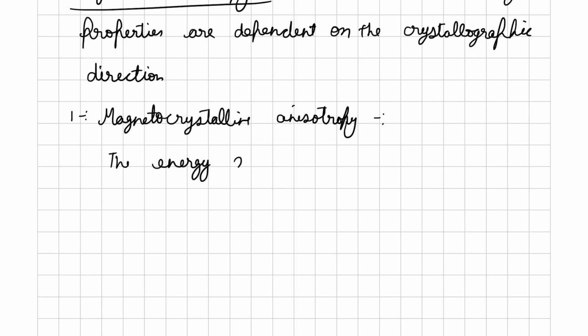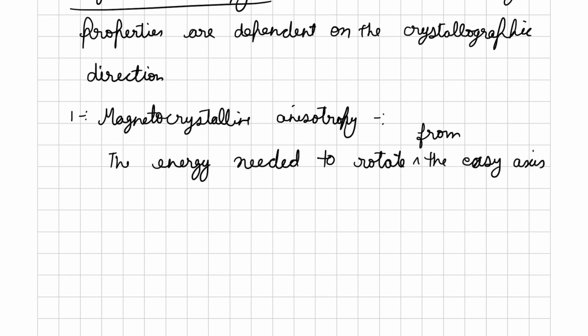the energy needed to rotate from the easy axis, and when I say easy axis, it means the easy magnetization direction, where we apply a small magnetizing field and you get the saturation magnetization pretty easily.